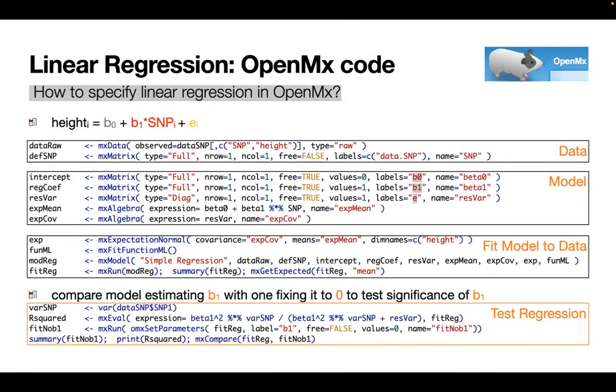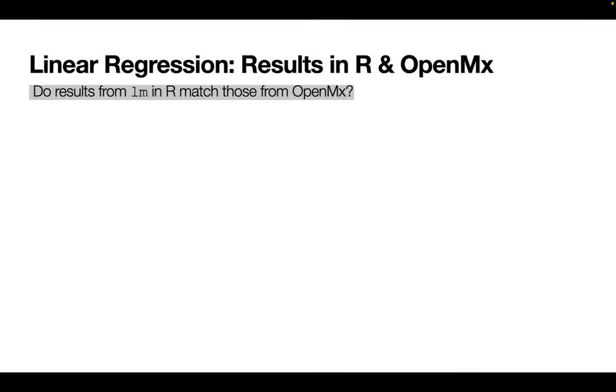Now you may wonder, why do we need 15 lines when we can simply do this in a one-liner? That's a very good question. Before we go there, let's show you that the results from our single lm command in R actually match those of OpenMx.